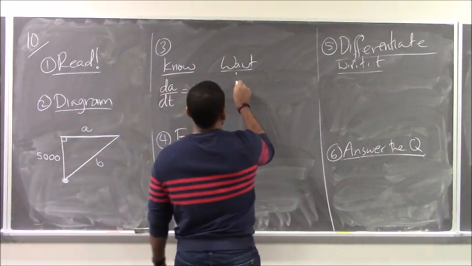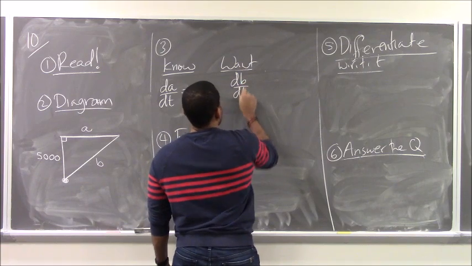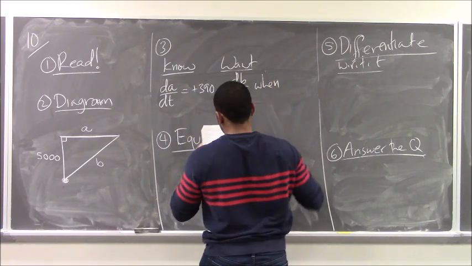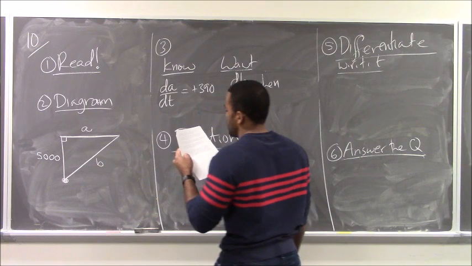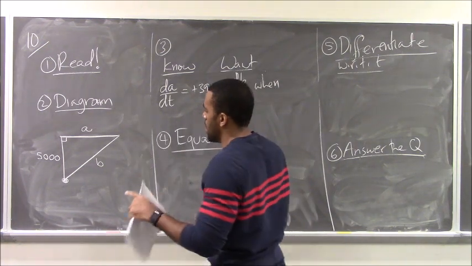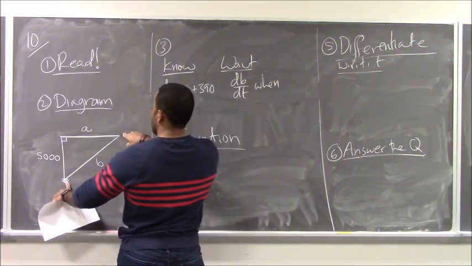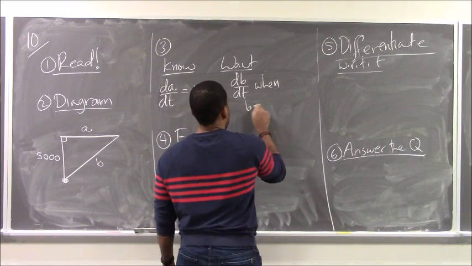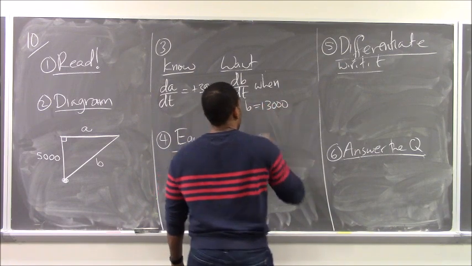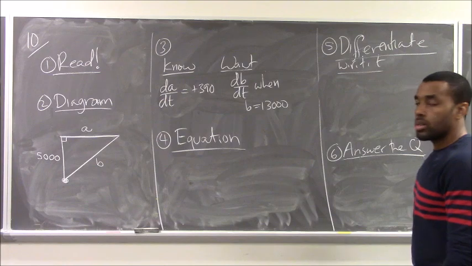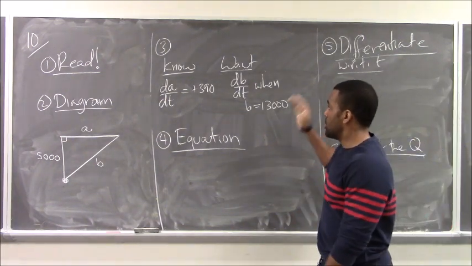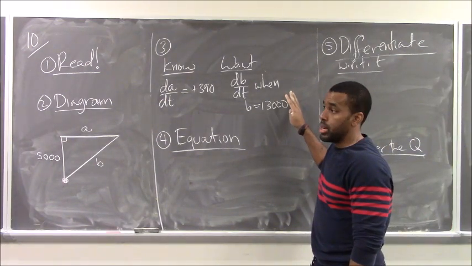So I want dB/dt when Superman is 13,000 feet from the house. So this length here is 13,000.